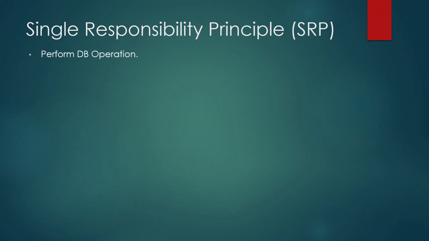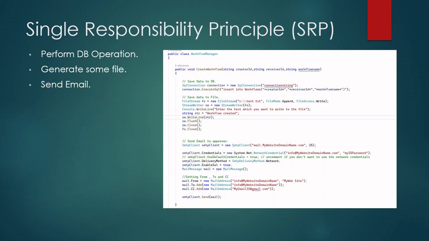So let's say we are writing an application where we want to do some operations related to a workflow. There we have mainly three operations: perform DB operations, generate some files, and send email. These are the main three operations, but these are independent of each other. So we are writing a program with a create workflow function that has some input parameters.